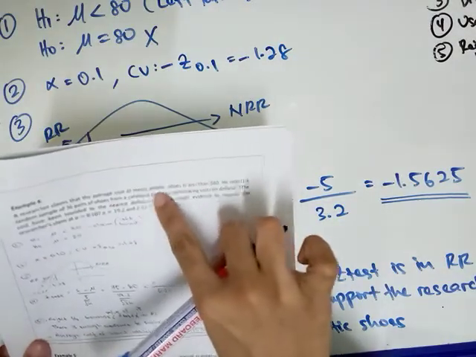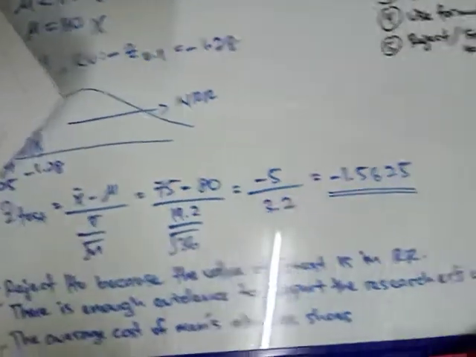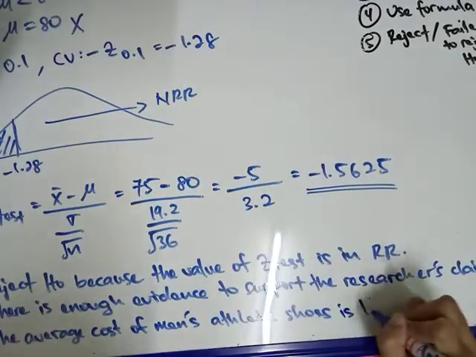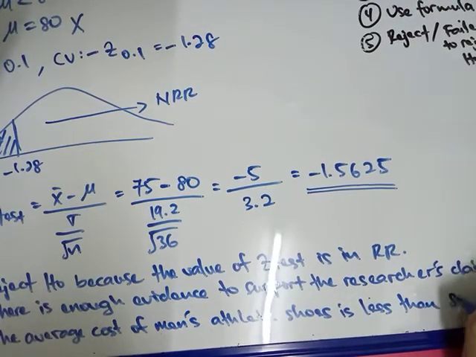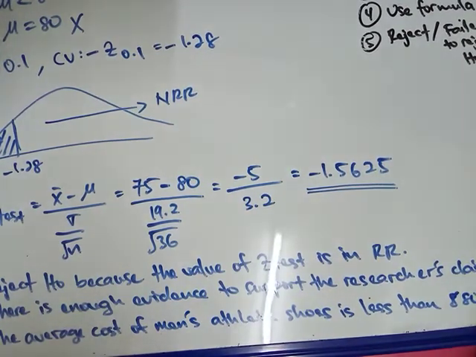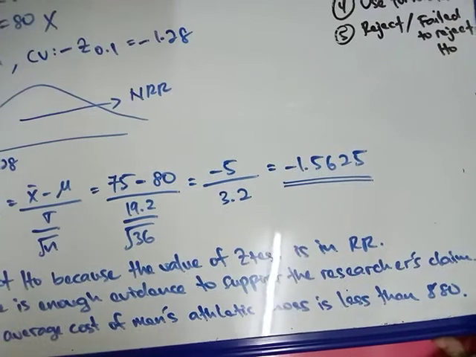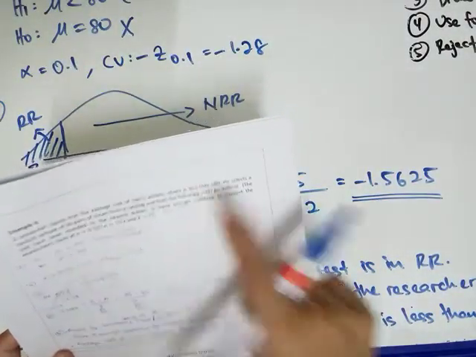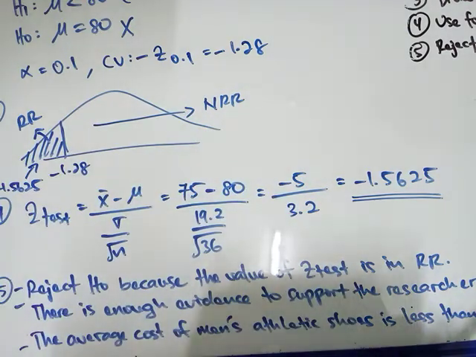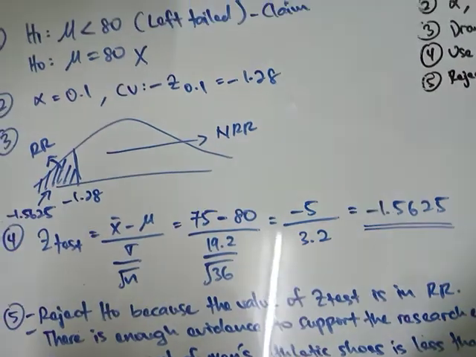The average cost of men's athletic shoes is less than 80. Okay, can you see? Take that sentence, the average cost of men's athletic shoes is less than 80, because this statement is true.